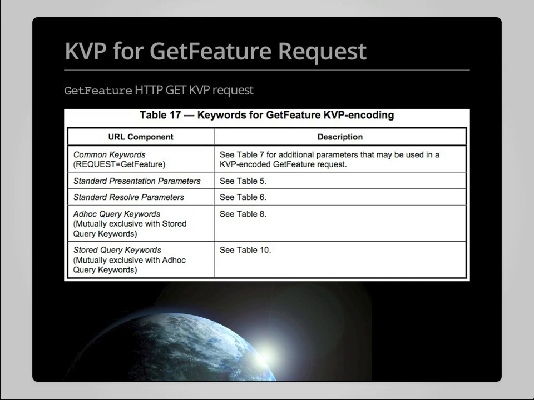The first being the common keywords that we've already looked at in terms of the request type and version, service, etc. But then 4 additional groups of key value pairs that you may also want to use, falling into these 4 categories, and we'll talk about those right now.